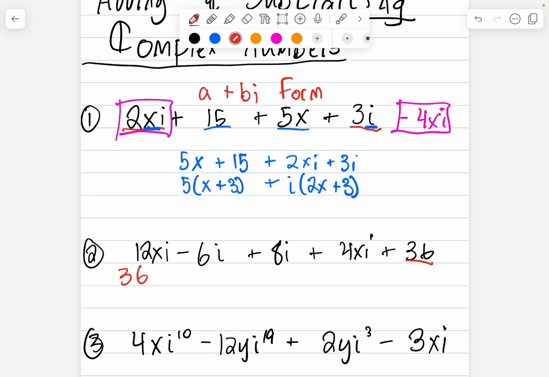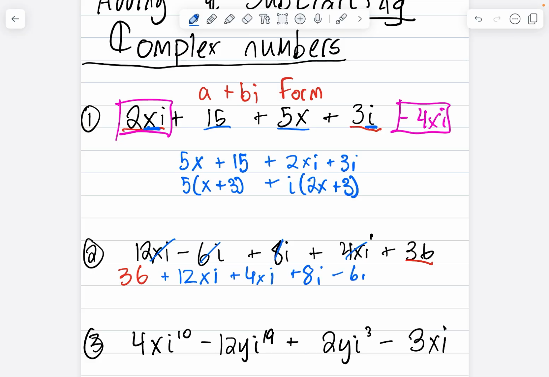Now I'm going to take all the imaginary numbers, and we'll put them in blue. Plus 12xi, I'm done here. Plus 4xi, I'm done there. Plus 8i, done there. And minus 6i.